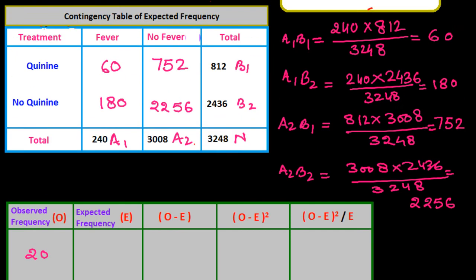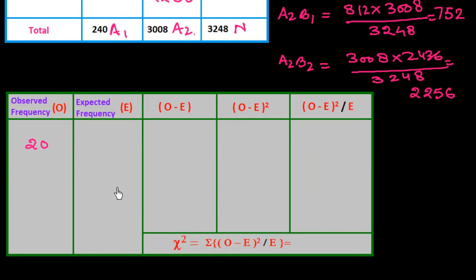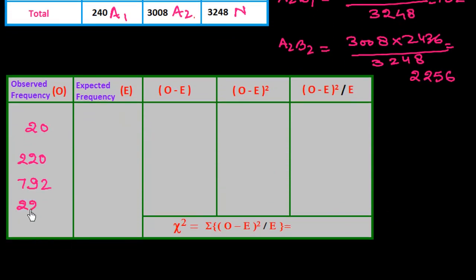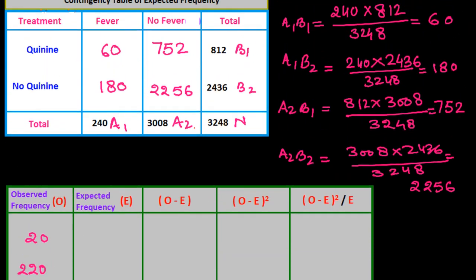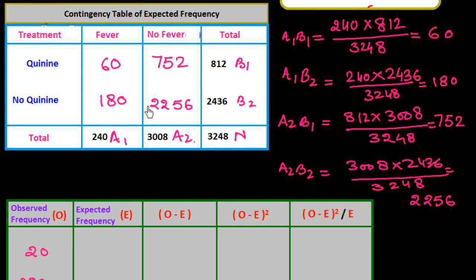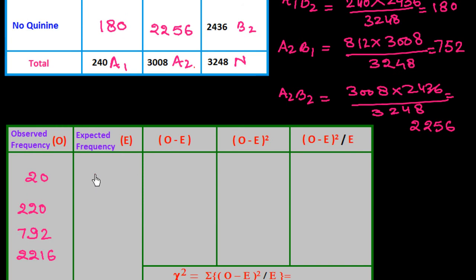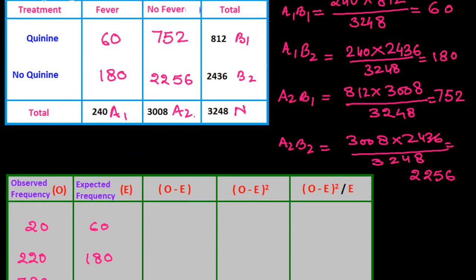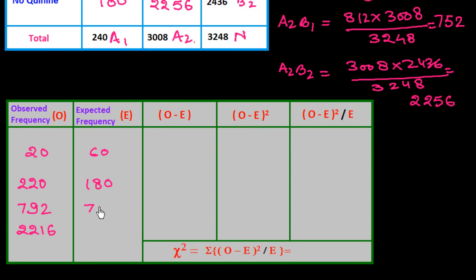The same we have to keep from the expected frequency table of contingency: 60, 180, 752 and 2256. Now we get the difference O minus E.